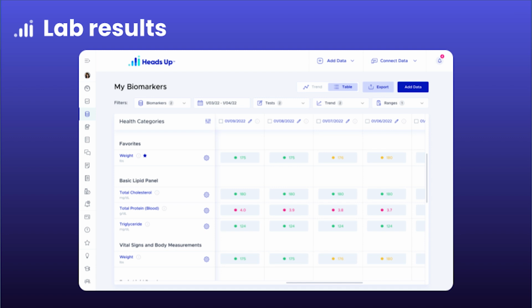Yeah, I like fasting insulin, and the insulin resistance score that you can get through LabCorp and Quest, where they take C-peptide and insulin and create a score. I think that's really important. Hemoglobin A1C as well, but I really like insulin and the insulin resistance score.